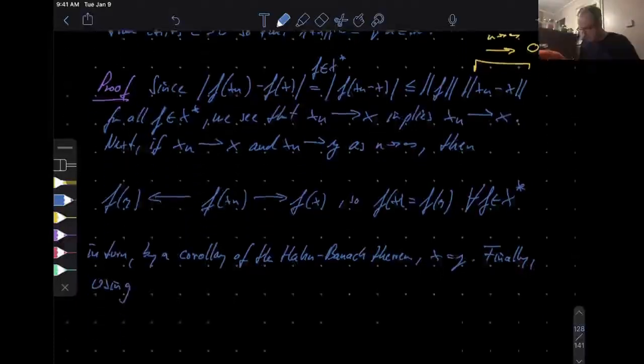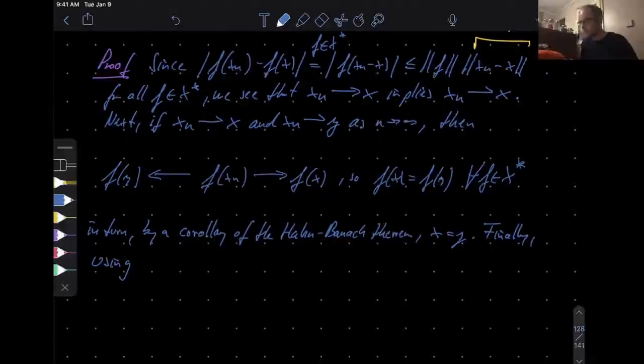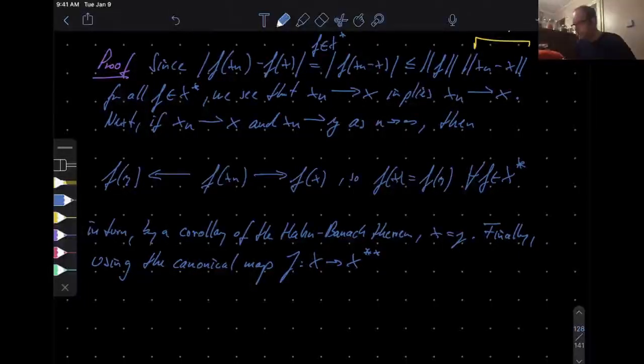So finally, now this is a beautiful application of the canonical map that maps you from a normed linear space to its bidual. So finally, using the canonical map J from X to the bidual, well, remember this guy sends a vector x to this linear functional that acts on linear functionals in the following way.